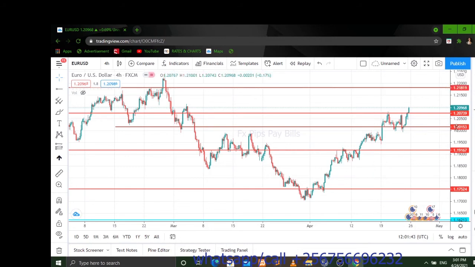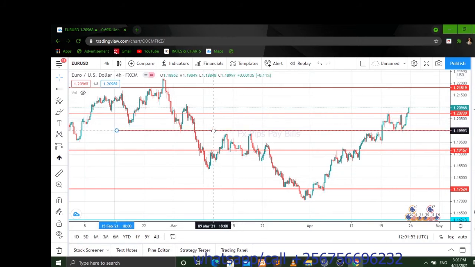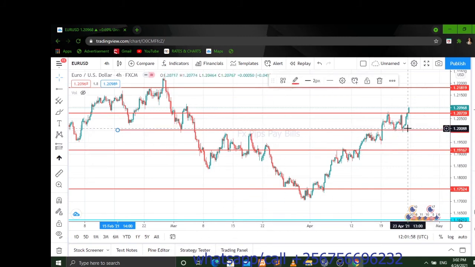Like this one may not be the exact price at which market will turn, but it will turn around that region. That's why you put it through wicks, at least passes through wicks. Sometimes it tries to pass through, but when it is still within that region, it can be supported to go back. So that is it.